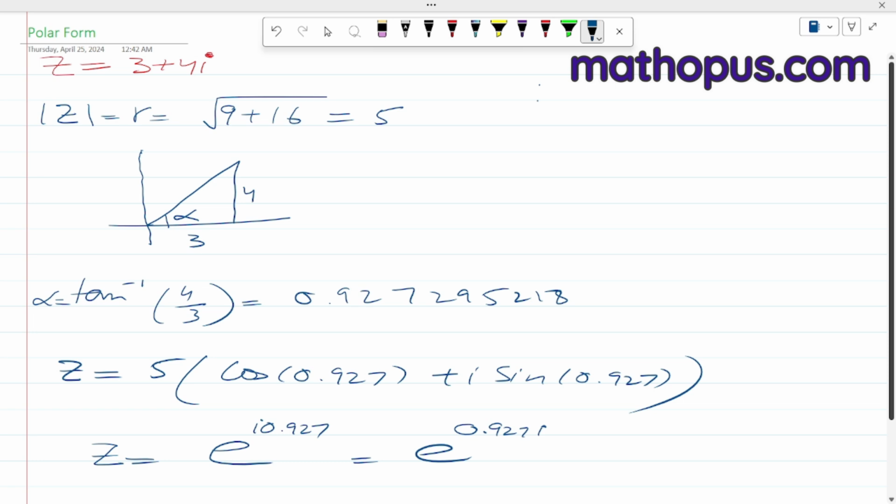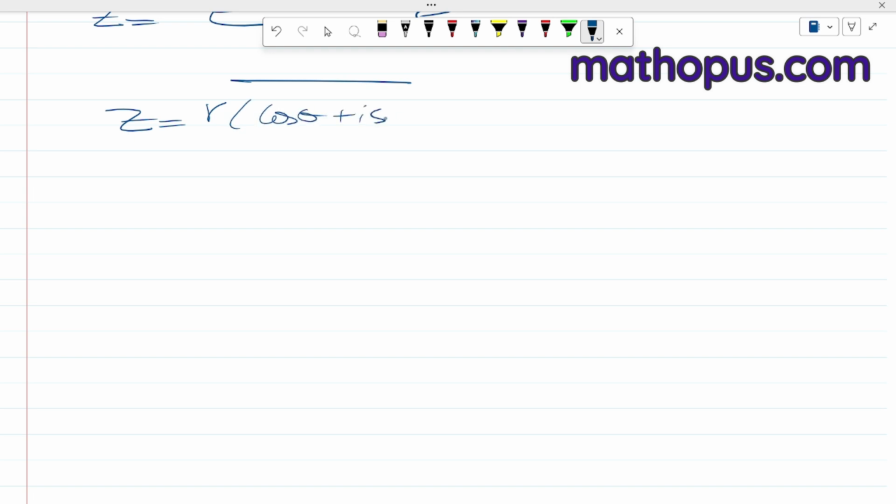So now let's find the square root of the complex number. We know the formula: if we have a complex number in polar form, let's say r cos theta plus i sin theta, then its square root would be the square root of r, and then we find the argument, meaning the angle.